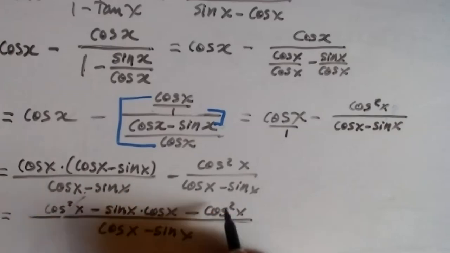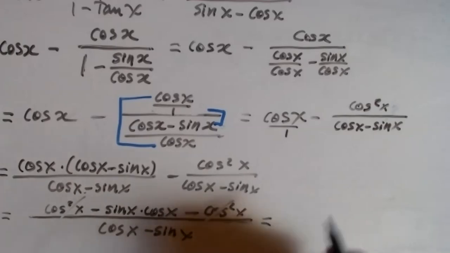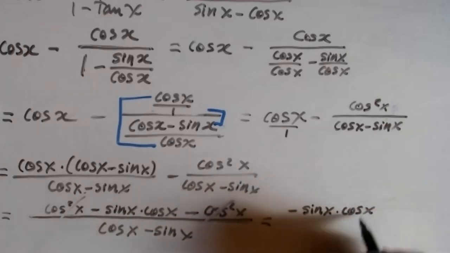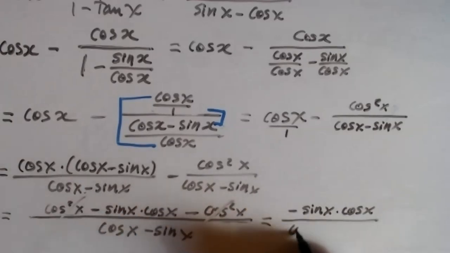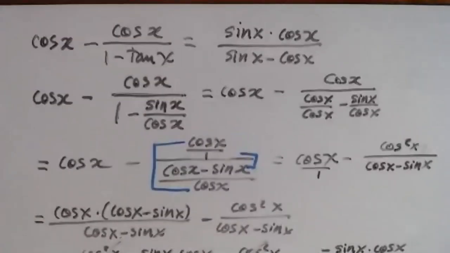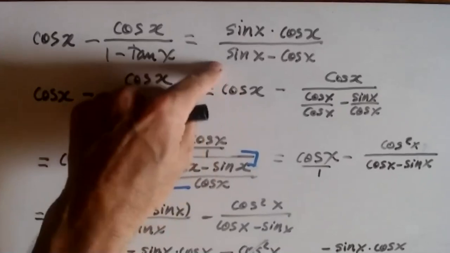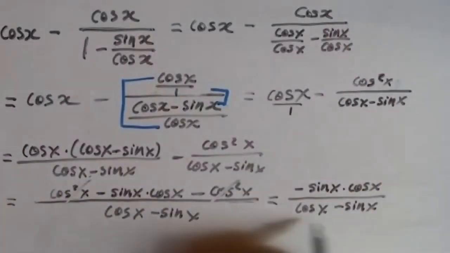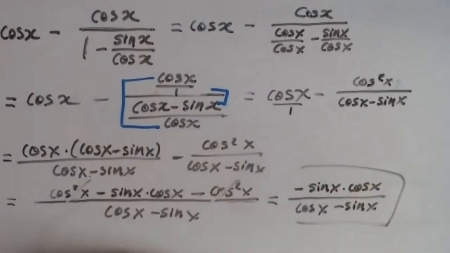So cancel these two. And then I have negative sine x times cosine x over cosine x minus sine x. Correct? And it's exactly what you want to prove. This expression is this one. I copy down only a symbol right here. Here is what I have. Correct?